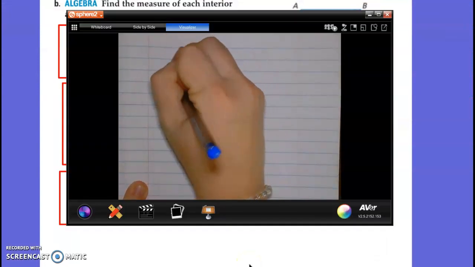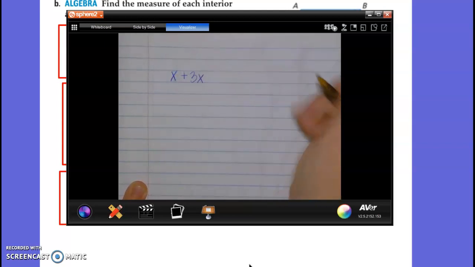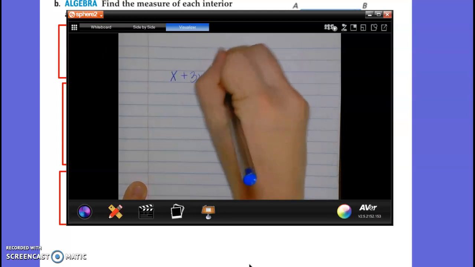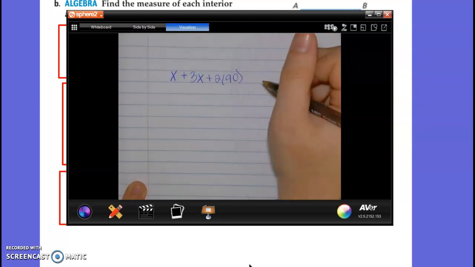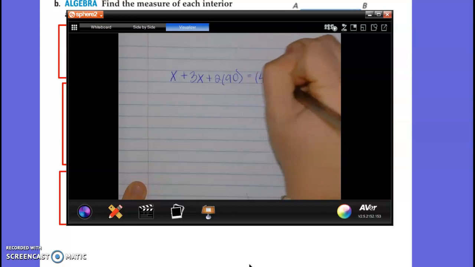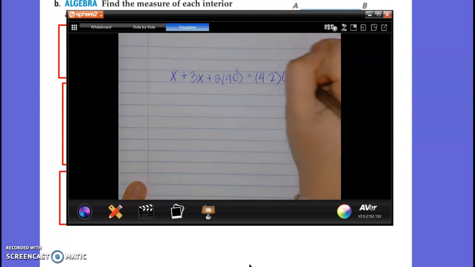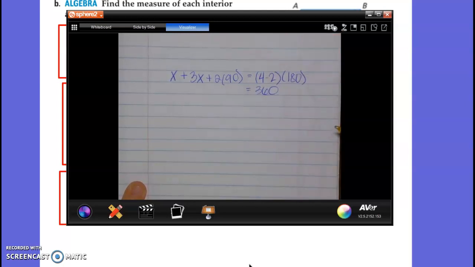I had the value of x combined with the value of 3x with the value of 2 groups of the 90 degrees. This would equal the entire sum of the quadrilateral, which is n minus 2, so 4 minus 2, multiplied by the 180. We know that 2 groups of 180 gives us a value of 360.